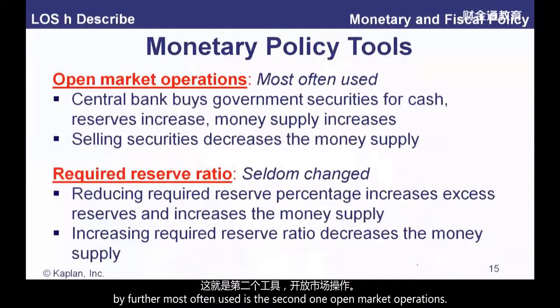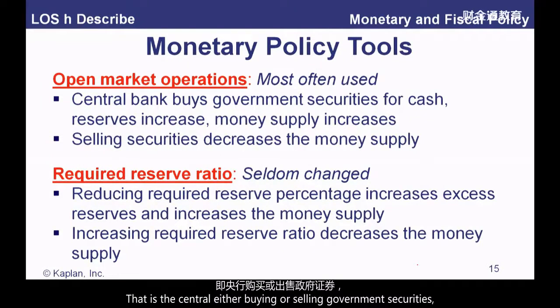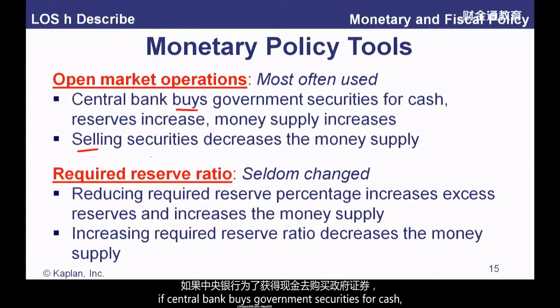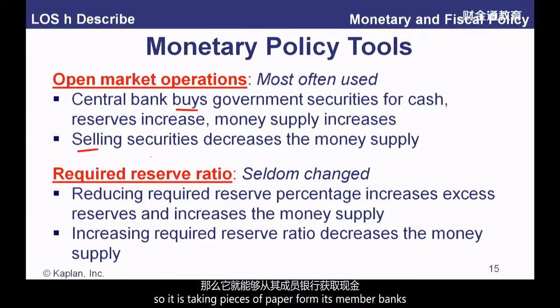By far the most often used, however, is the second one, open market operations. That is the central bank either buying or selling government securities. If the central bank buys government securities for cash, think of the direction of this transaction. The central bank is buying securities, so it's taking pieces of paper from its member banks and putting cash into the economy.